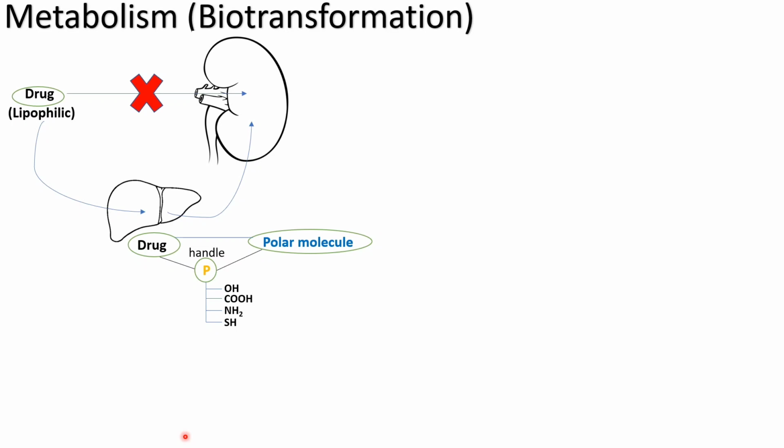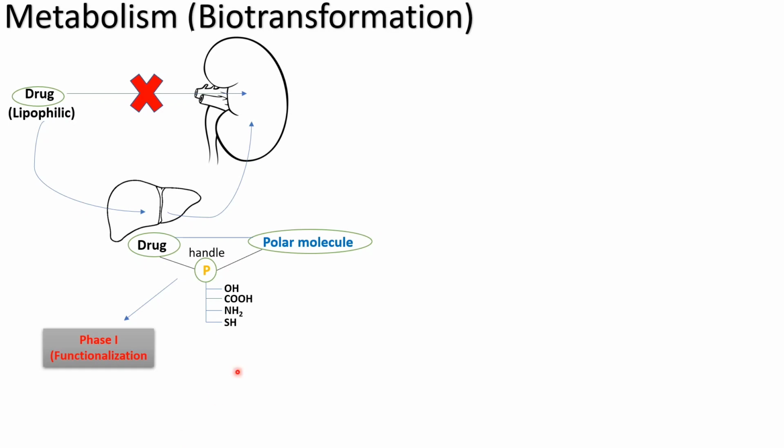And so we can say that the metabolism occurs in two steps or two phases. Phase number one is called functionalization, in which a functional polar group is either added to our drug through a certain reaction or it is unmasked.